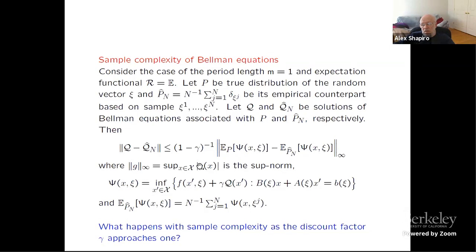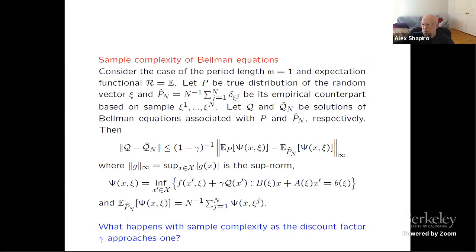Now, what this bound suggests is that the relative error will grow like 1 divided by 1 minus gamma. Why? Because as this discount factor starts to approach 1, the value of that grows also like 1 divided by 1 minus gamma.